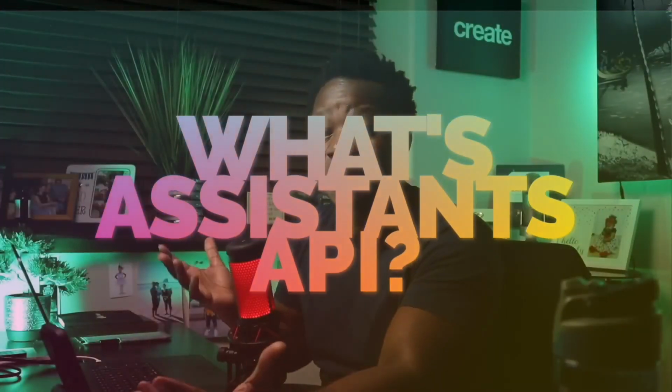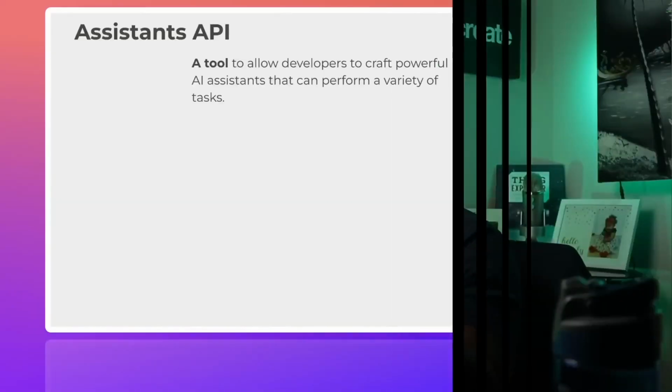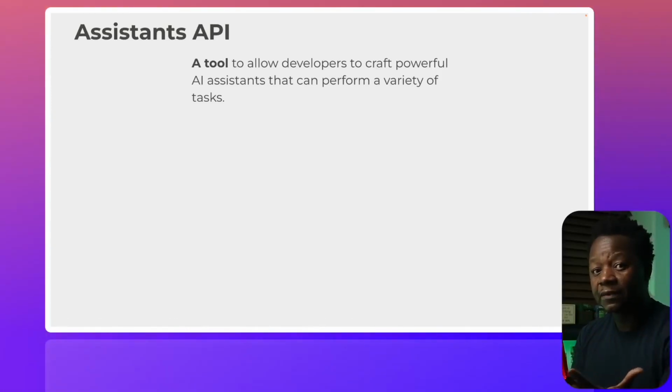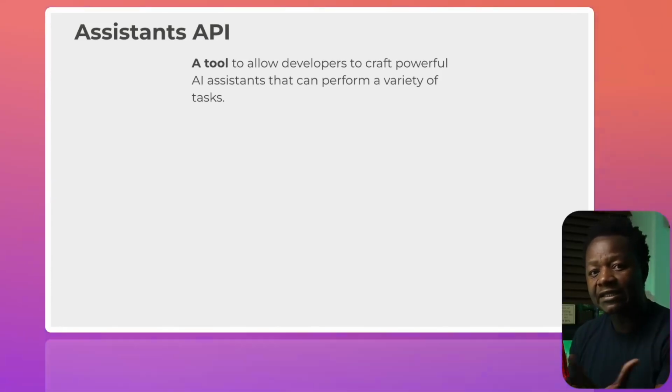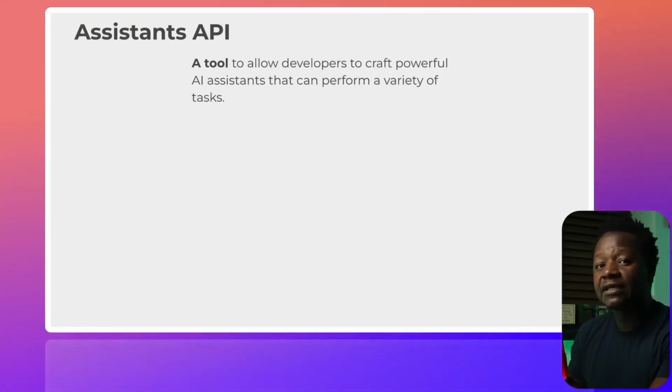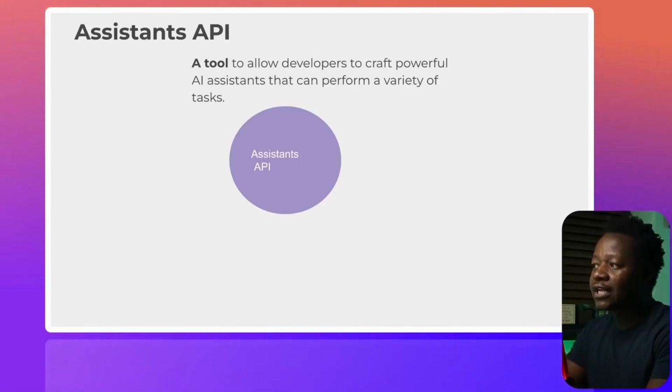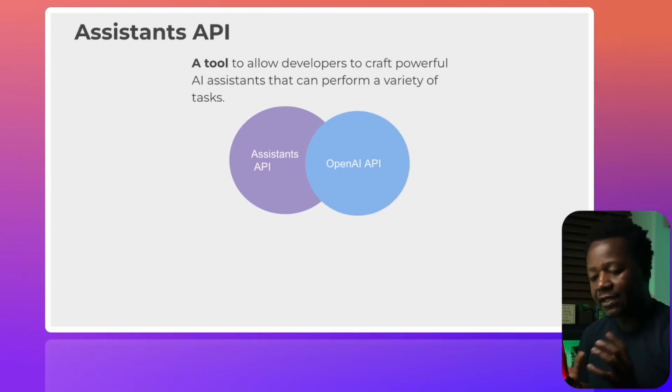Now let's go ahead and look at what this thing called the Assistants API is. The Assistants API is a tool built by the OpenAI folks that allows developers to easily craft and build AI-based applications that leverage the OpenAI platform. The thing to understand about the Assistants API is that it's not its own entity per se, although it is.